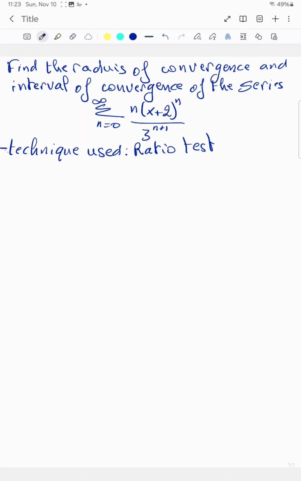And we know the ratio test: we take the series, let's say a_n is equal to n times (x plus 2) to the power of n divided by 3 to the power n plus 1. And then we find a_(n+1) by replacing n by n plus 1.